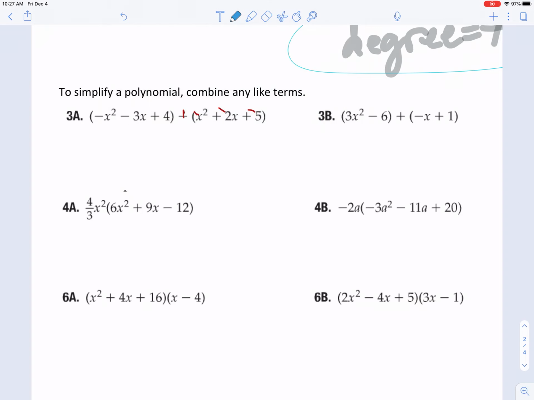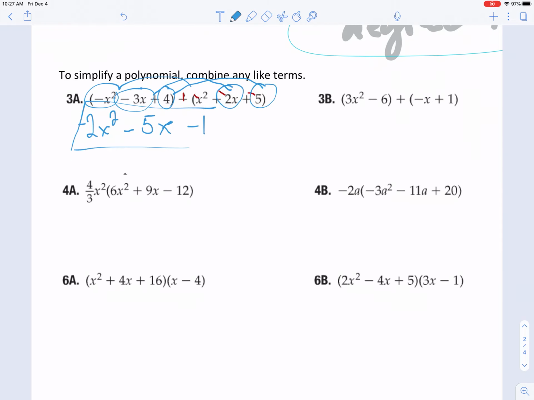And that's going to give me negative x squared plus negative x squared is negative 2x squared. Negative 3x to negative 2x is negative 5x. And 4 and negative 5 is negative 1. So there you go. Okay, just combining like terms there.